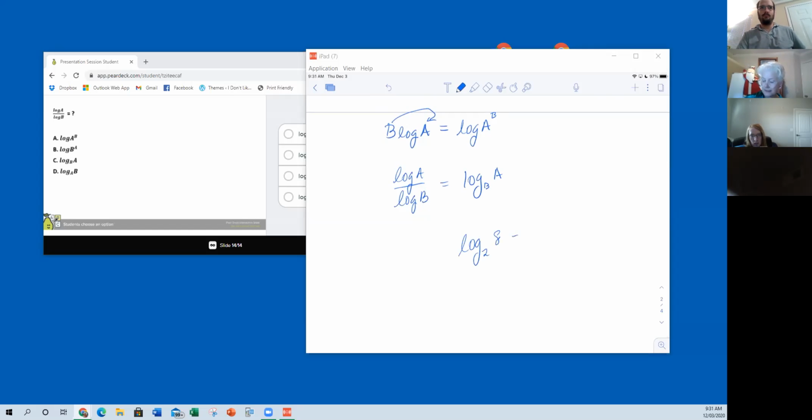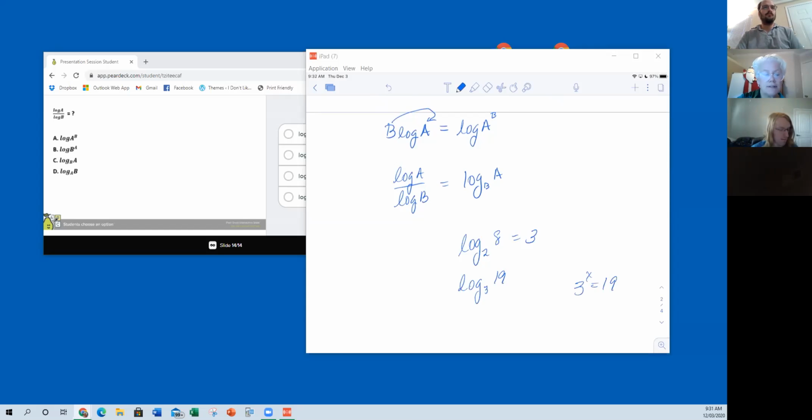Well, you know that's 3 because 2 to the third equals 8. But if you're given something like log base 3 of 19, well, what power would you put 3 to get 19? Who knows? So you'd either want to know the change of basis formula or know how to use a key on the calculator that will also do the same thing for you.